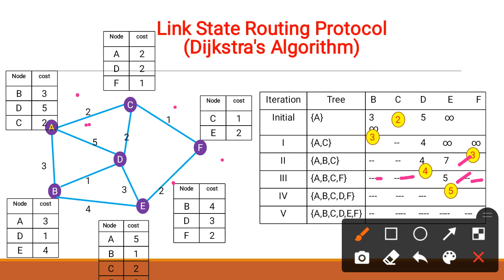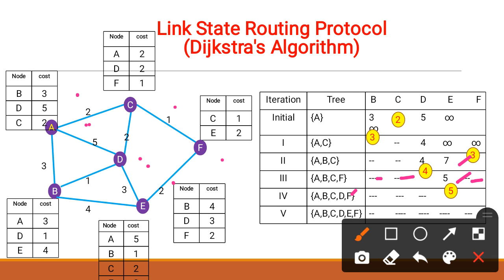Okay. Among the last ones, 4 and 5, these 2 costs remain. Among these, 4 is the lesser cost, which is why we are taking D here. So A, B, C, D, F, and we got the value of D. After D, we have already visited all the nodes, so we keep the value of 5 as it is.